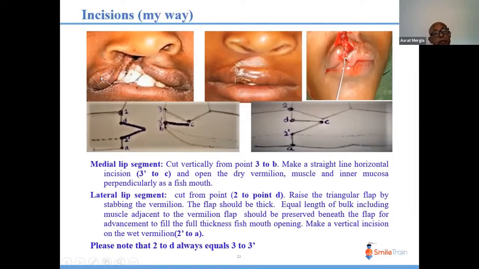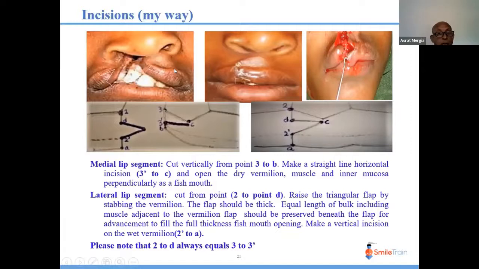So rather, for all of us, to mark this point, I think the very crucial point to discuss is we have to have a mirror image of this on the other side. So as I mentioned earlier, the vermilion, the lower margin of the lip, this thickness is at the highest at this Cupid's bow. The same will apply on the other side.